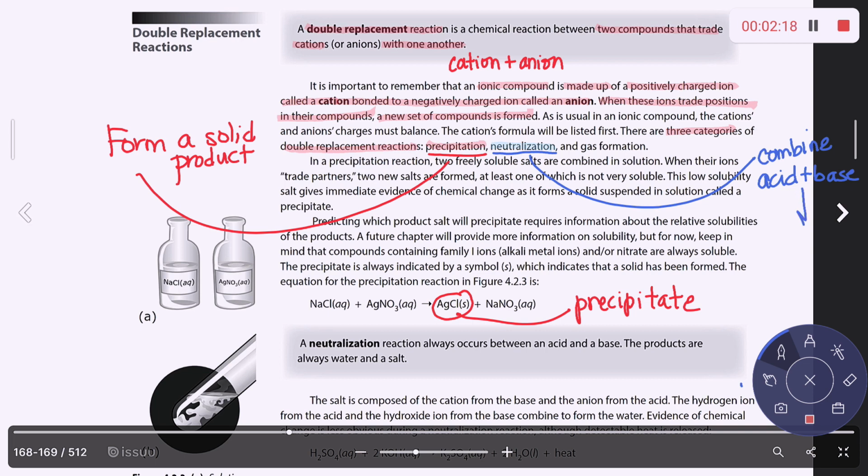And then the acid and the base will produce a salt and water, okay? The last type of double replacement reaction is called a gas formation reaction. So that means one of the products will be a gas.